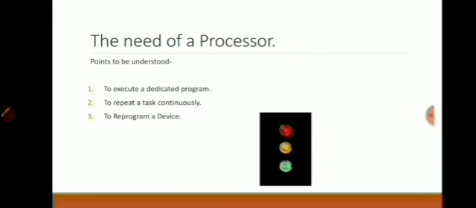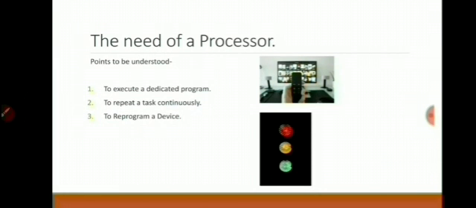Now, at last, the points to be noted. The first one, we need a processor to execute a dedicated program. Second, if in a system a task is to be repeated continuously, then a processor is required. Also, where a system can be reprogrammed again and again, we need a processor.